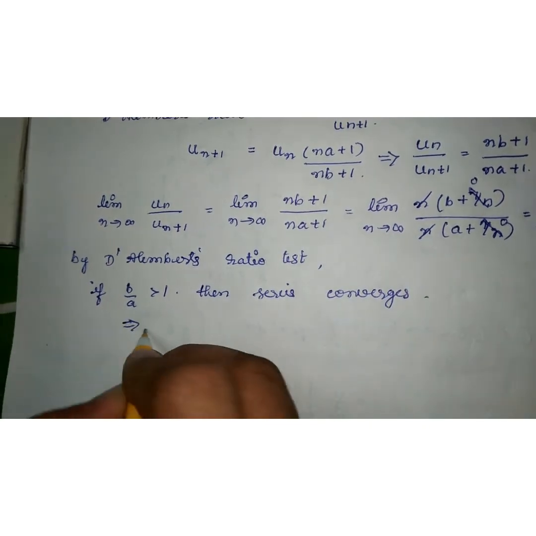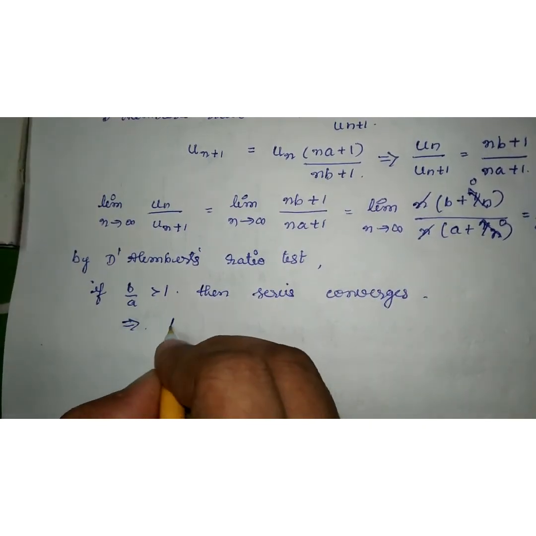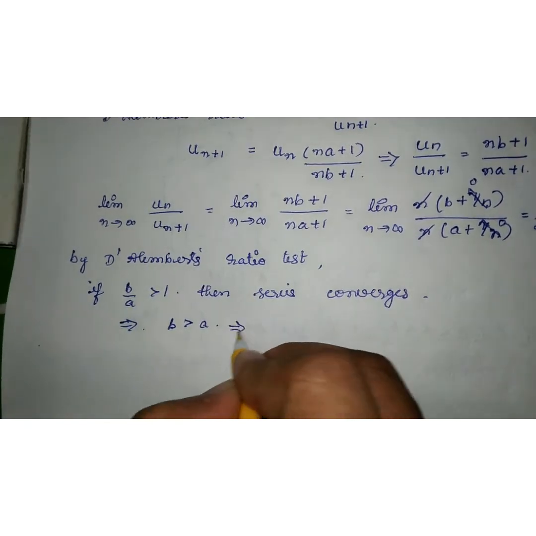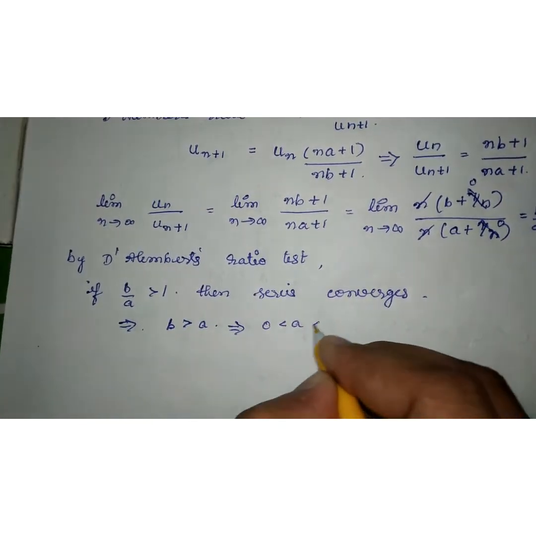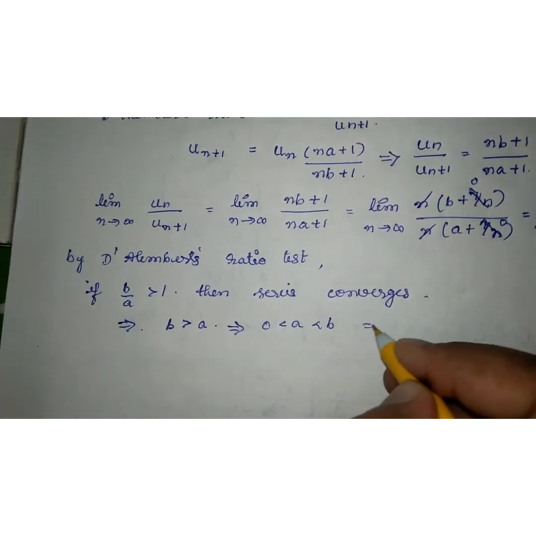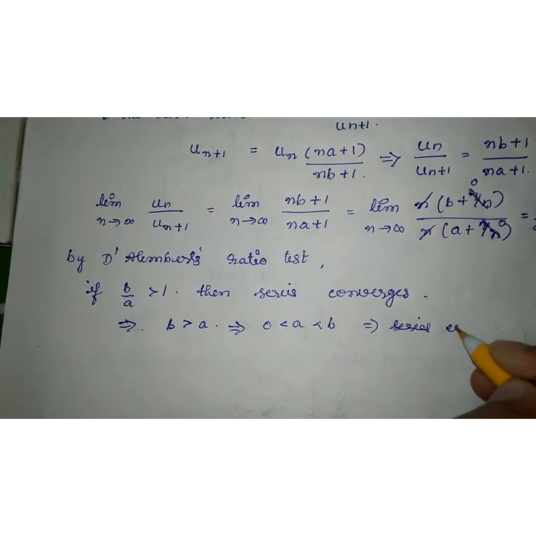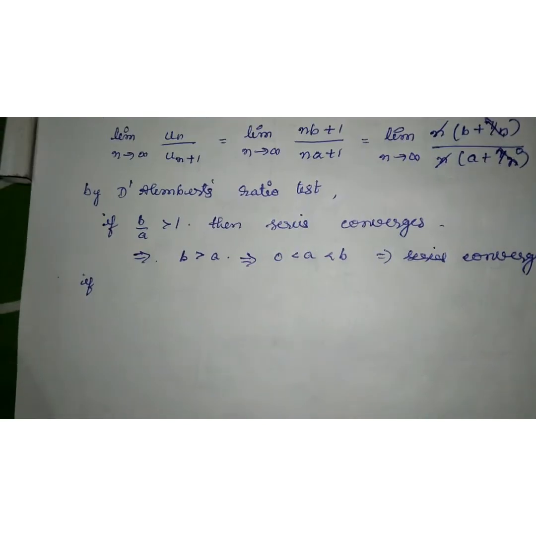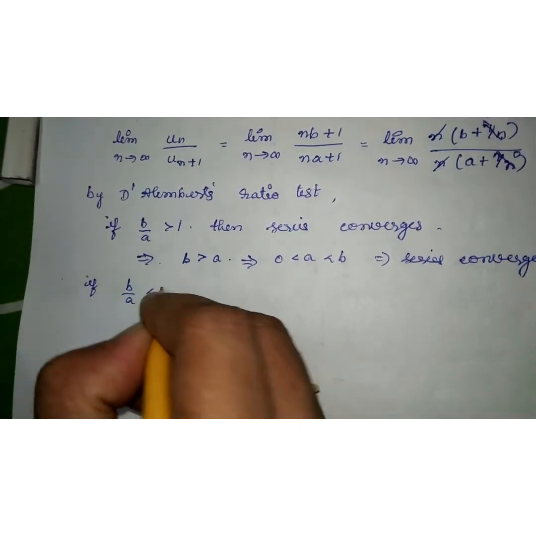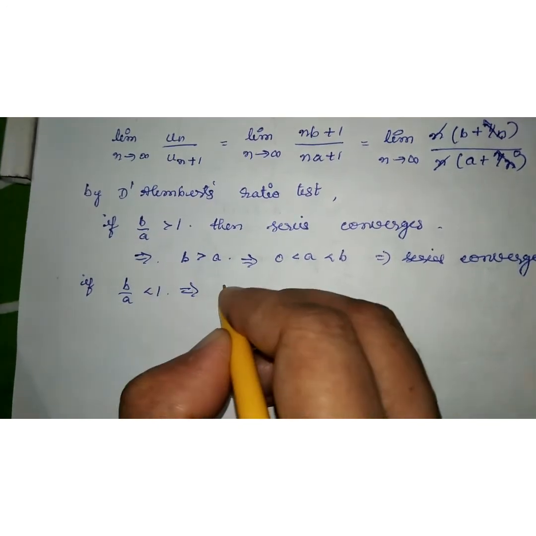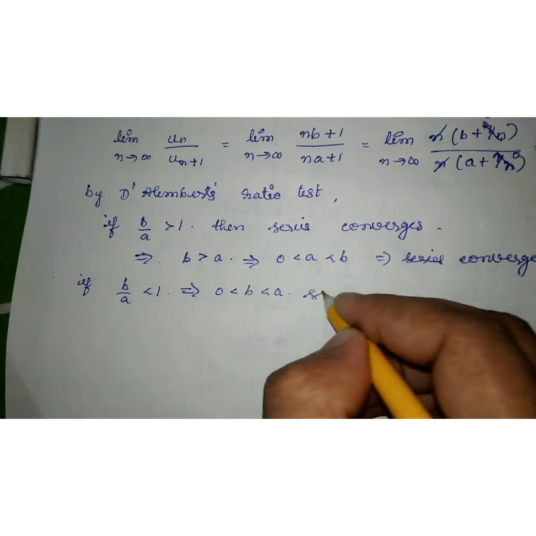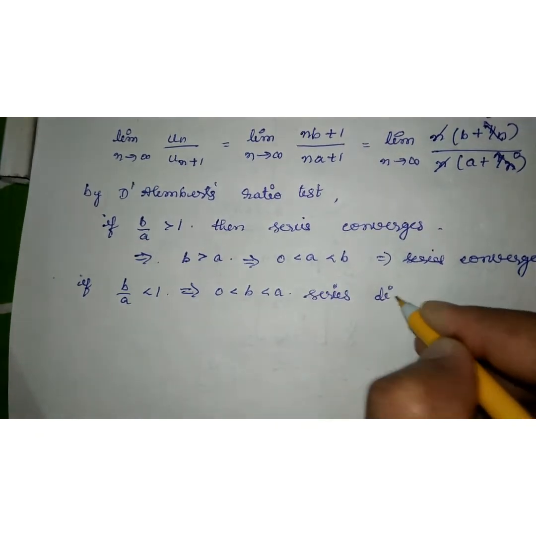That is, whenever b is greater than a, or further I can say 0 less than a less than b, then the series converges. If b by a is less than 1, that is, suppose 0 less than b less than a, then the series diverges.